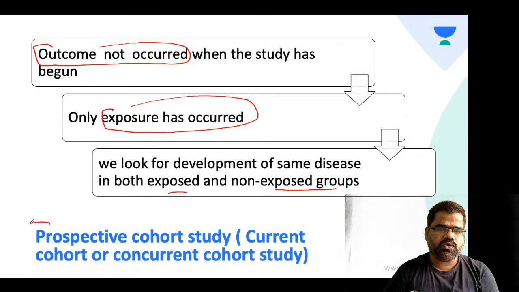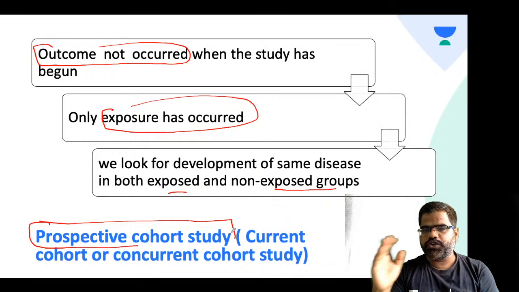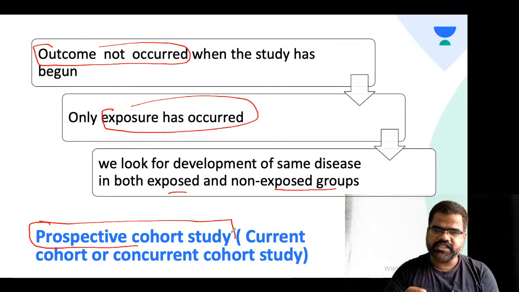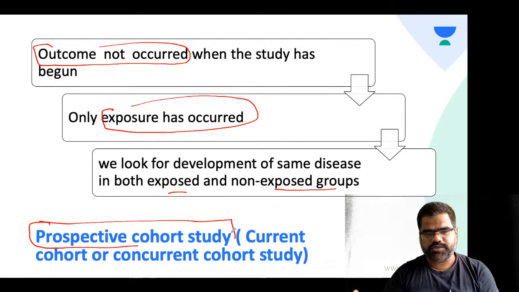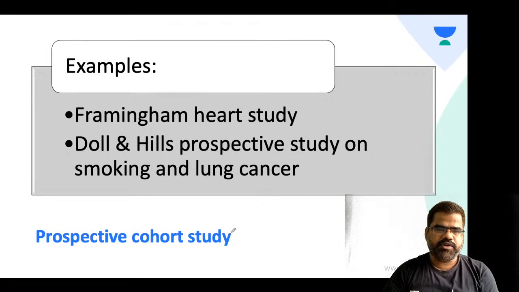So this is called prospective cohort. Simple. You start the study with exposure, move forward and try to see how many people develop disease in exposed group or non-exposed group. So this is a forward-looking study, or prospective cohort study. The examples are Framingham Heart Study, Doll and Hill prospective studies. So these are the examples.